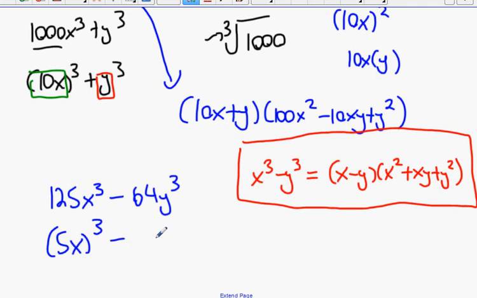After that, 4y to be cubed. What happens now? This is green, green, green, and then the blue part, blue, blue, blue. You just got to put them into the equation. That's all you've got to do. So finish it off then.